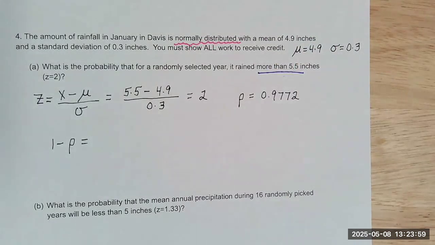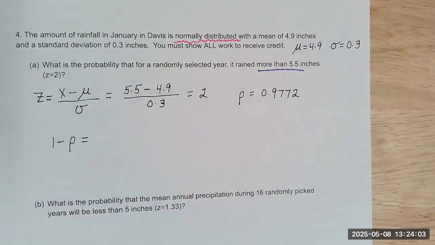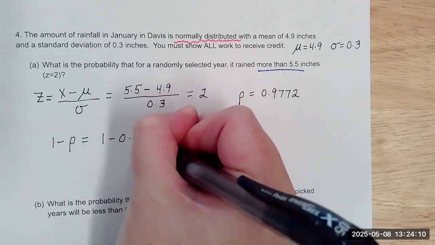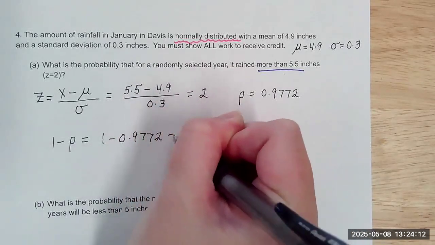And so if it had said, find the probability that it rained less than 5.5 inches, that would be the right number, but it says more than, so we have to do 1 minus 0.9772.